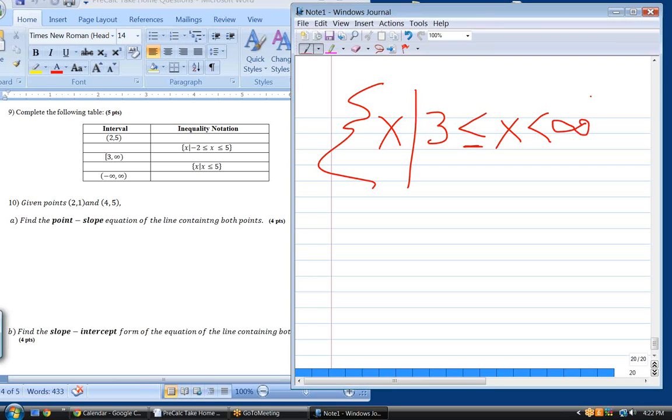Infinity just goes with a greater than, and that's all you need. In other words, the interval that goes from 3 to infinity, including 3, is this interval, and this is just the inequality notation. That says x is between 3 and infinity, and it can be equal to 3. It's not just greater than 3, it can also be equal to 3.